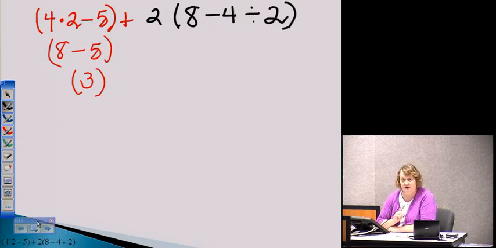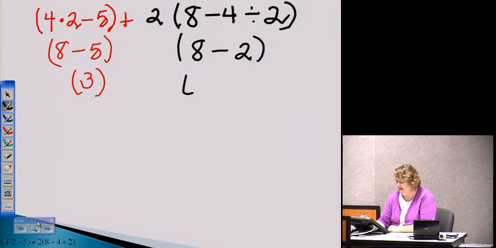Now I'm going to ignore the 2 on the outside and just pay attention to what's on the inside. We don't subtract first. We always do our multiplication and division before our subtraction. So we're going to do that division, and 8 minus 2 gives me 6.